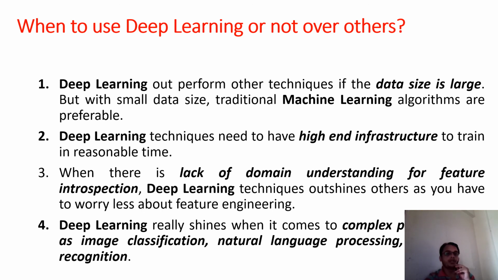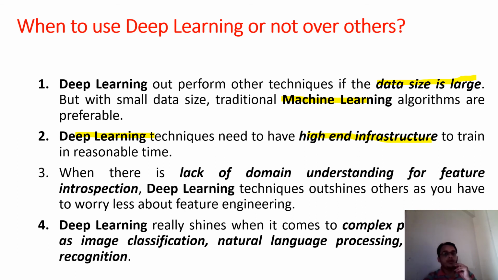When to use deep learning and not others? First thing, when you have a large data set, yes, we can go with deep learning, but if you have a small data set you can go with machine learning. Deep learning is a high-end technique needing infrastructure, so if you have a reasonable amount of infrastructure and a reasonable amount of data, you can go with deep learning.